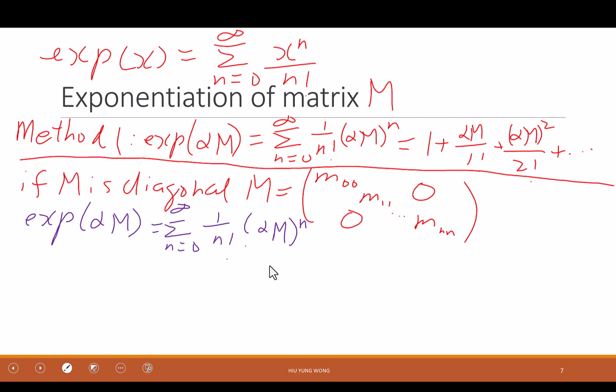But because it's diagonal, the good thing is, what happens when you multiply a diagonal matrix by itself? It is still a diagonal matrix, right? So let's take a look here. For example, let's say I have m.